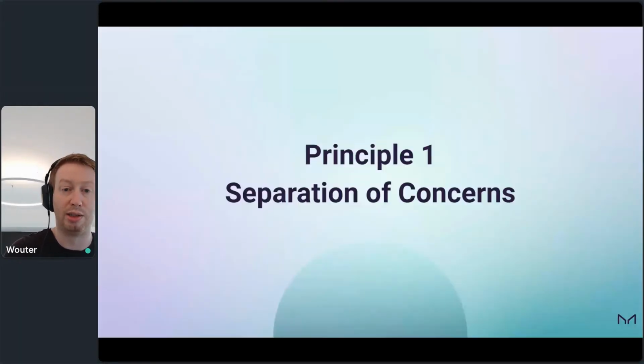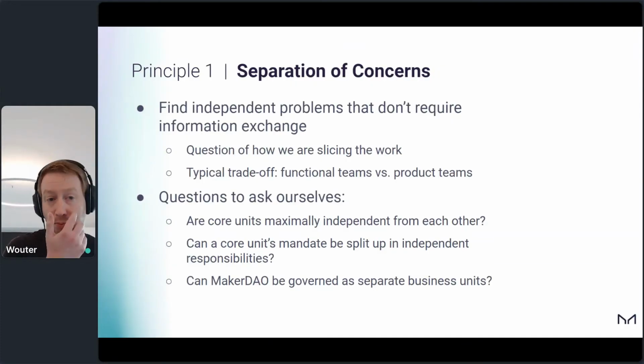So this is super high level, but I hope that it will serve as a little inspiration for the principles that I've laid out. So the first one is separation of concerns. And this one really is about removing those dependencies between the participants.